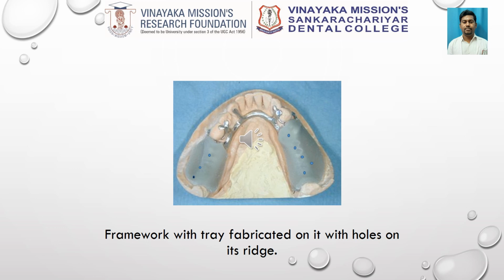So when we take a functional impression, the excess material flows out of the relief holes, and that particular area, the crest of the residual alveolar ridge, is recorded in a state of rest. So as a result, we get that in an anatomic form, not in a functional form. When it is not in a functional form, we do not transmit unwanted forces to the crest of the residual alveolar ridge.